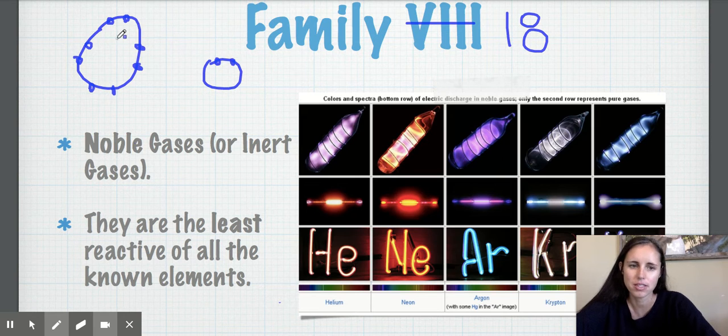Either way, both of these shells are considered to be full. Since they're full, they're not going to gain or lose any valence electrons. That means they're not chemically reactive at all.